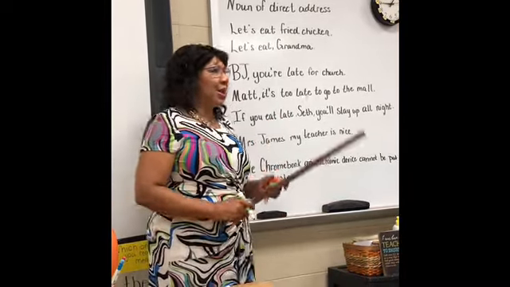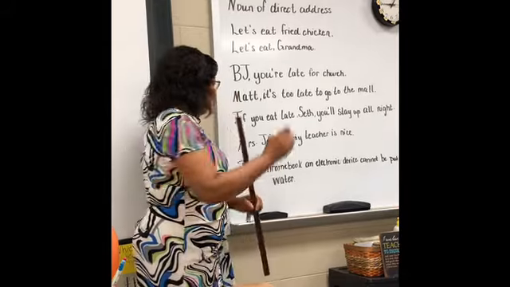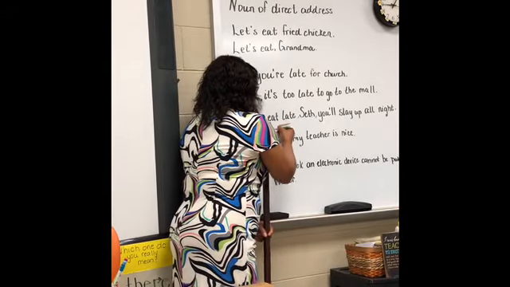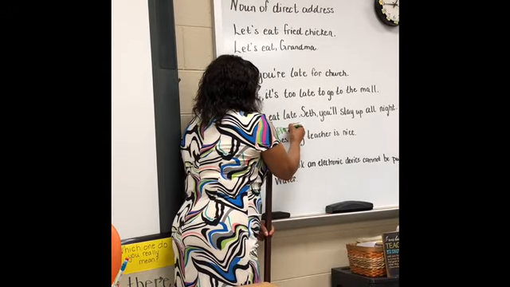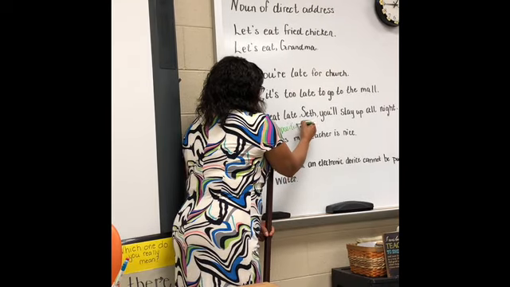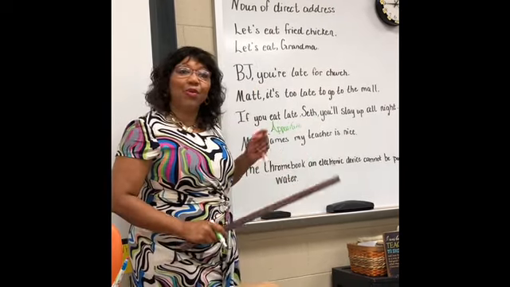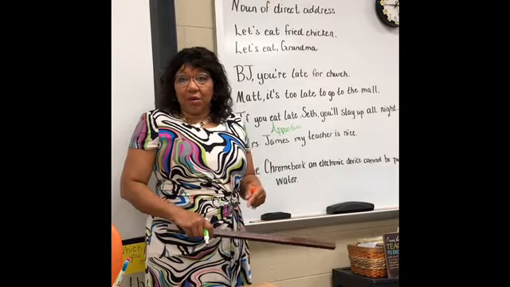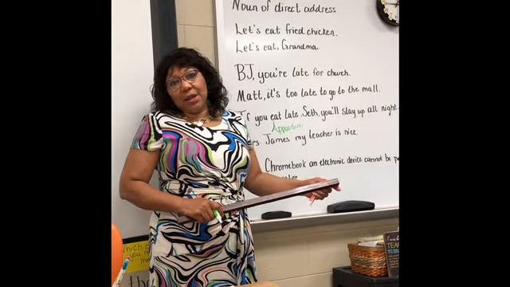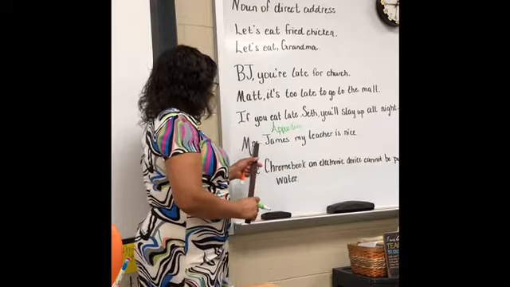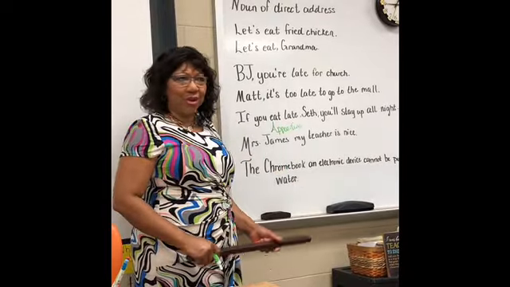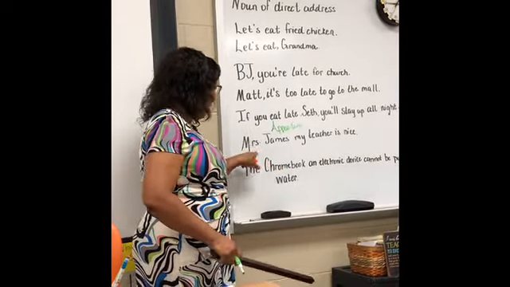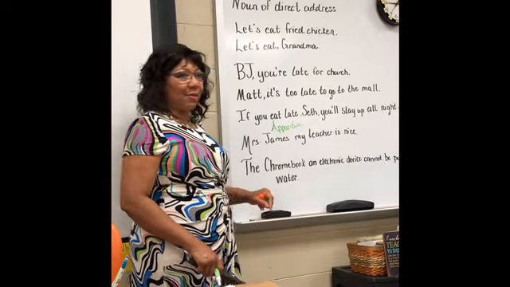Another reason why you could use a comma is an appositive. An appositive renames a noun. And I always say, if you can put an equal sign, then you know you need a comma. This is the signature sentence I've used ever since I've been teaching appositives. Miss James, my teacher, is nice. Where are we going to put a comma?